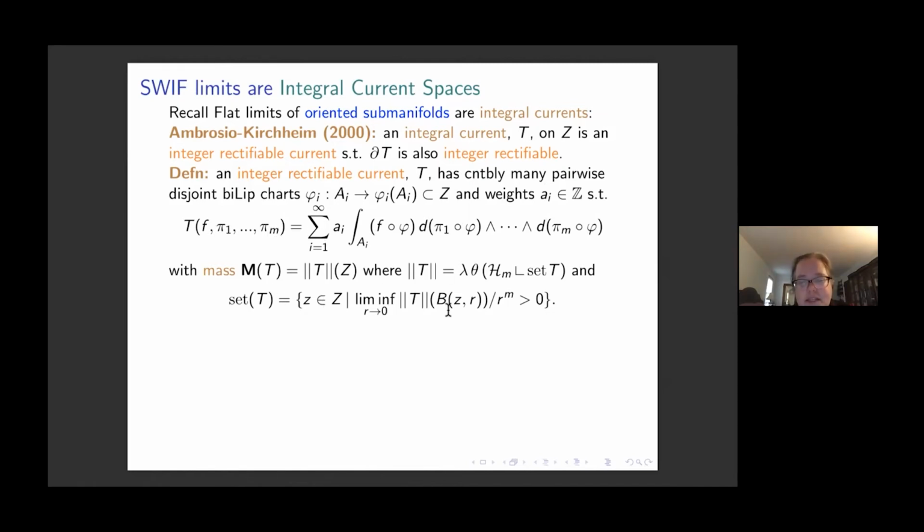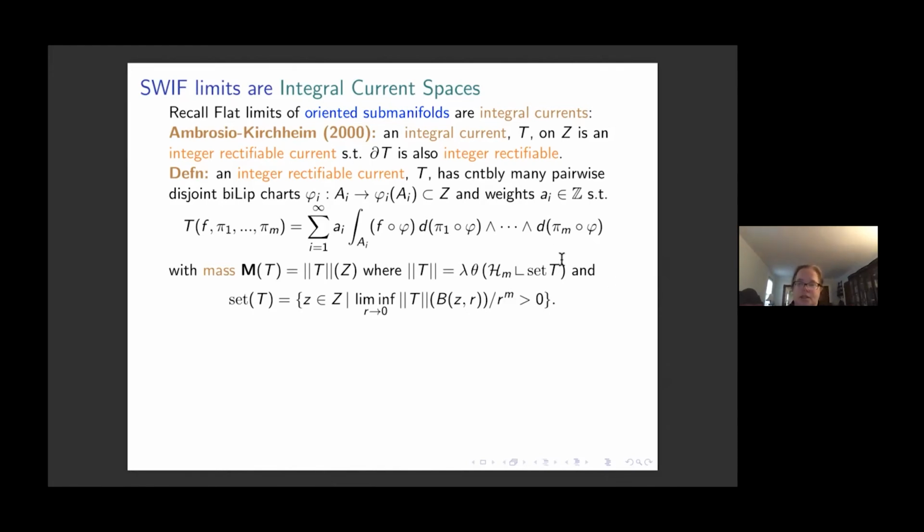And the set of T is the set of positive density. It's the points where the measures of balls divided by r^m comes out to be greater than 0 as you take r to 0. This is just ensuring that it's not a cusp tip. Cone tips are included in the set. Cusp tips are not included in the set.